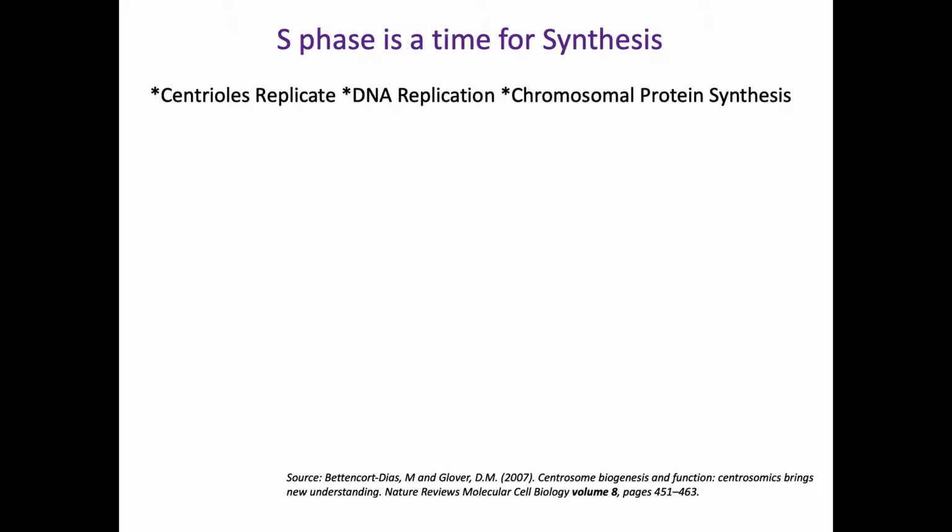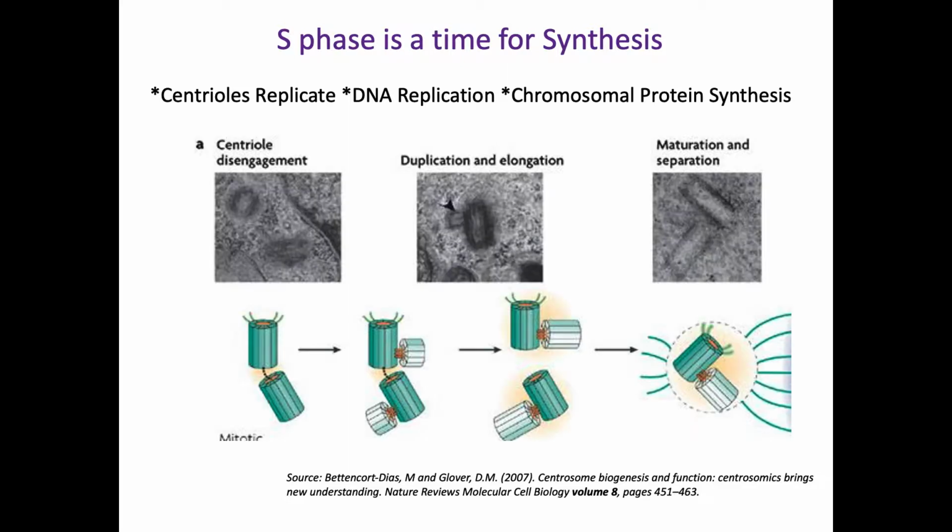But other things are also happening in preparation for mitosis or cell division. You'll remember that in animal cells, they have two centrioles which are found at the heart of the microtubule organizing centers. And these microtubule organizing centers are usually found near the nuclear envelope.